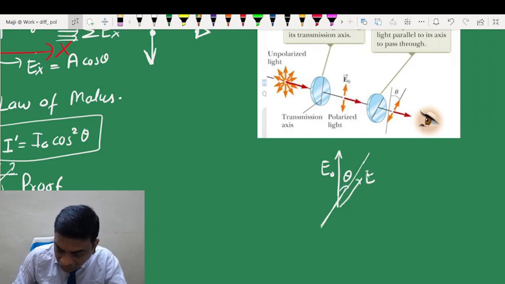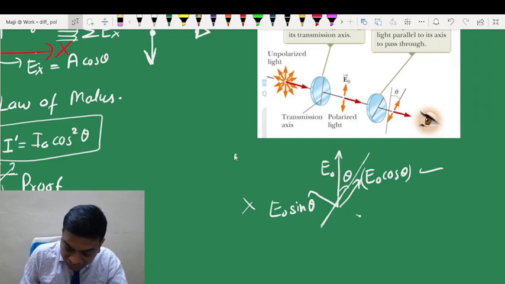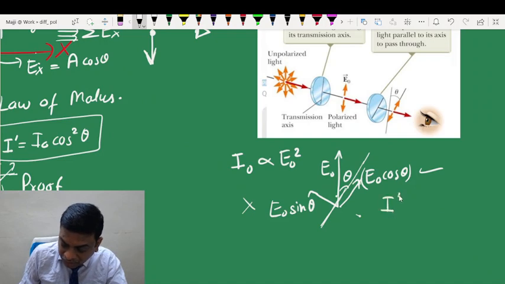So only the E naught cos theta component will be able to come out, whereas the E naught sin theta component will not be able to come out. So here the incident light is proportional to E naught square, whereas the transmitted light is proportional to E naught cos theta whole square.